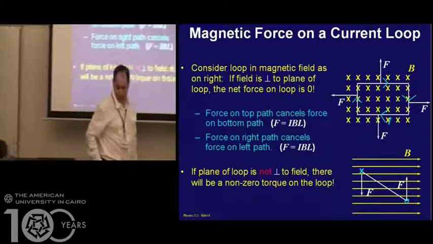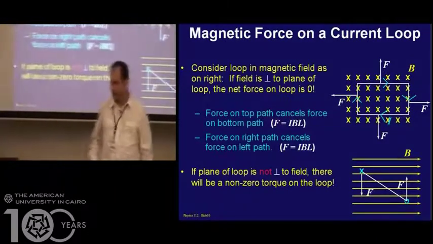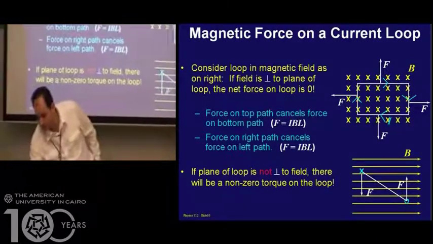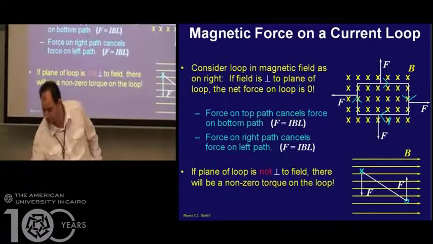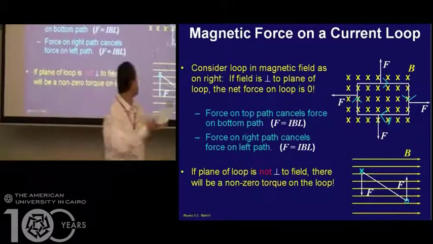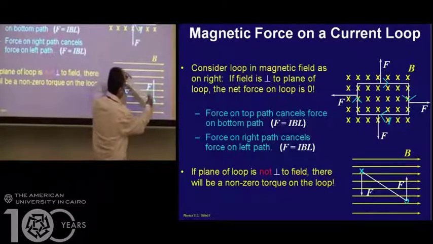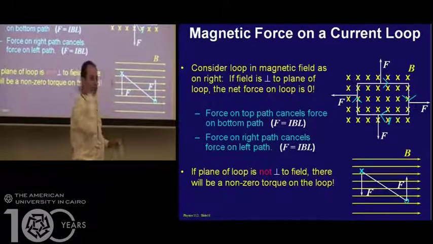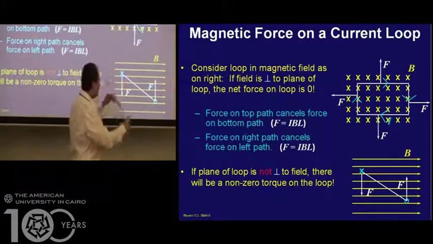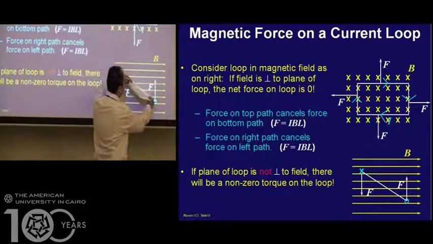Now let's assume that we have the same loop, the same thing, but now I put it that way inside the magnetic field. So the magnetic field is going in that direction, and I put the loop in that direction.